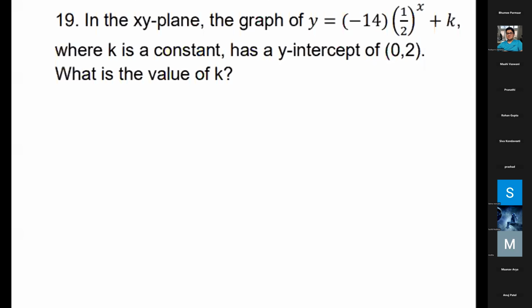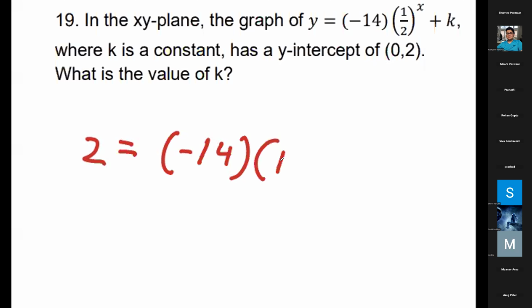Okay, so for question 19, it says in the xy plane, the graph of y equals this equation has a y-intercept of 0, 2. What is the value of k? Well, if we're given a value for x and y, we could just plug in. So x is 0 and y is 2, so we have 2 equals negative 14 times, well, if x is 0, anything to the 0th power is just 1, plus k.